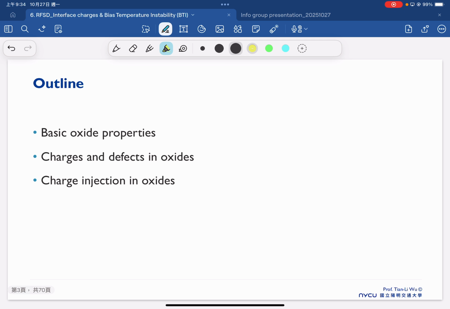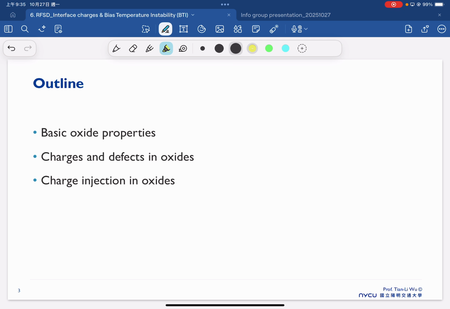First of all, we will come back to the basic oxide properties. In this lecture, we mainly focus on silicon-based phenomena. So we talk about general issues like interface charge and BTI in the case of silicon, because silicon is the most well-known material, and we have the most comprehensive studies in silicon-based device reliability.